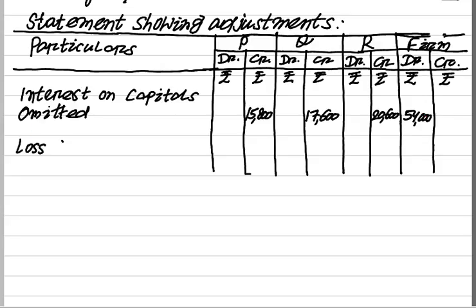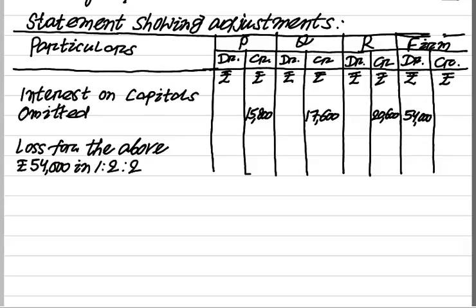Loss for the above 54,000 rupees, in the ratio of 1 is to 2 is to 2.